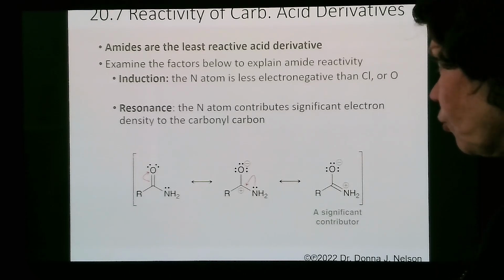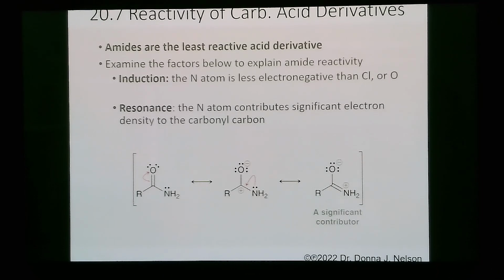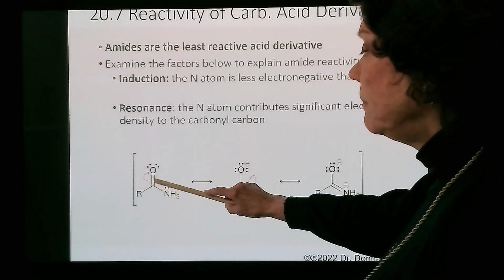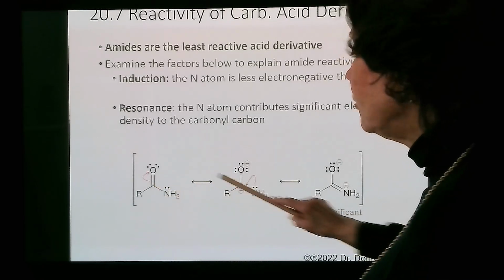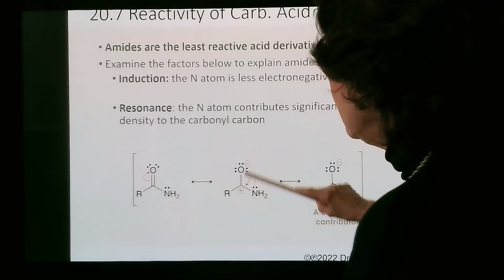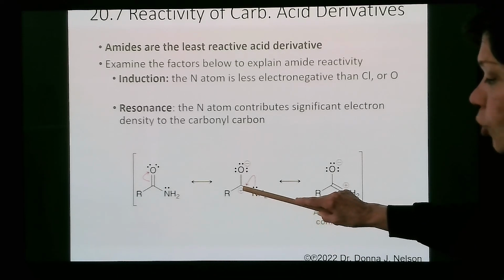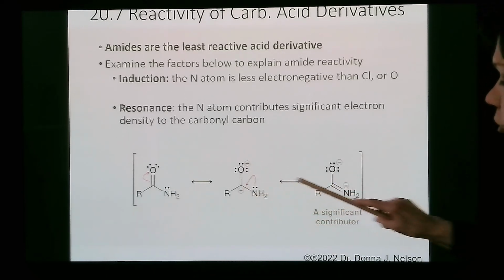Amides are the least reactive of the derivatives. Here you can see that the typical resonance structures for the carbonyl can be drawn, and you put a positive charge at the carbon, negative charge on oxygen.